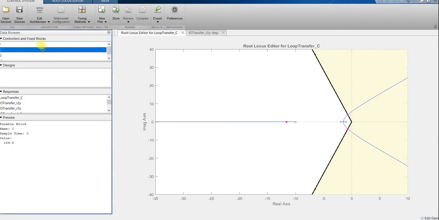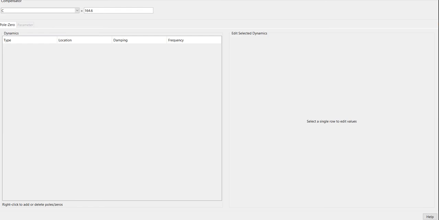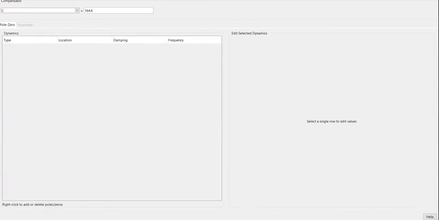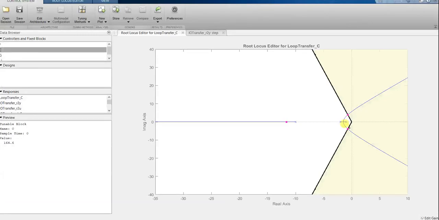And then for the controller, if we set the value to 164.6, you can see that the closed loop poles of the system will be at the intersection of the white and yellow area. In order to satisfy the transient requirements, the dominant closed loop poles should be in the white area, but on the other hand, we try to increase the value of the gain as much as possible in order to improve the steady state error.